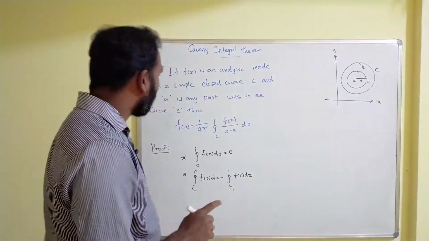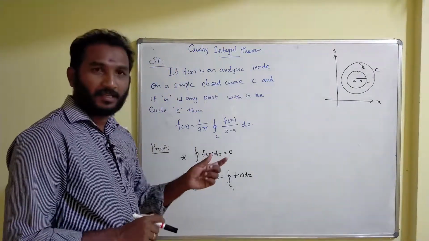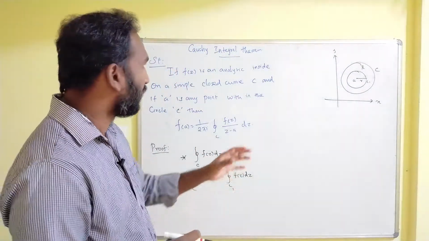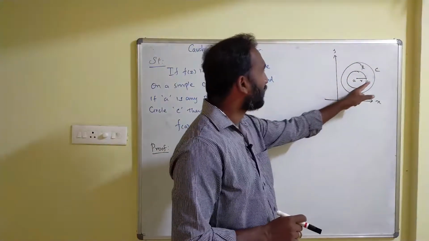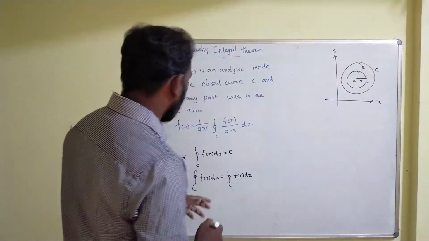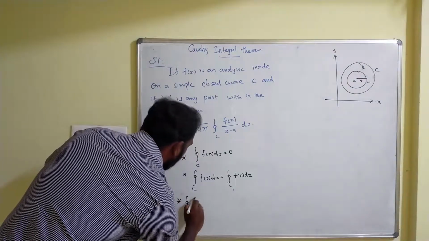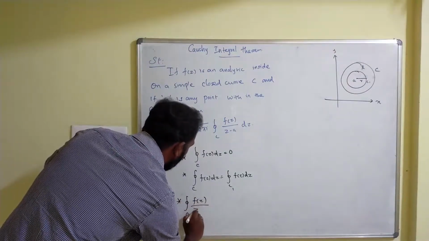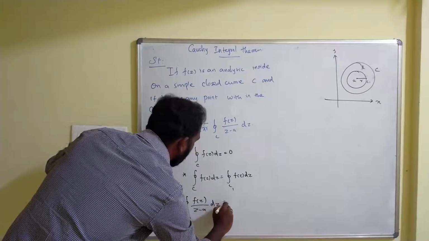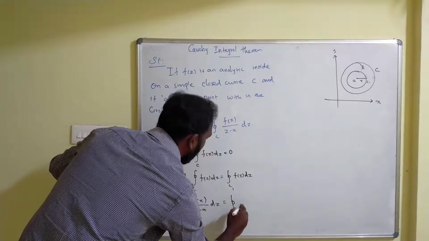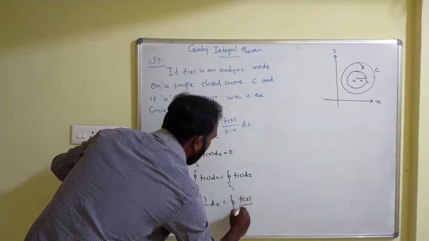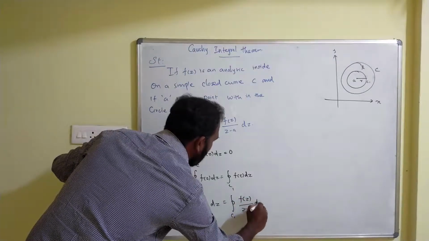The function f of z divided by z minus a is analytic inside the annular region between the curves C and C1. Now using that, integral over C of f of z divided by z minus a into dz is equal to integral over C1 of f of z divided by z minus a into dz.